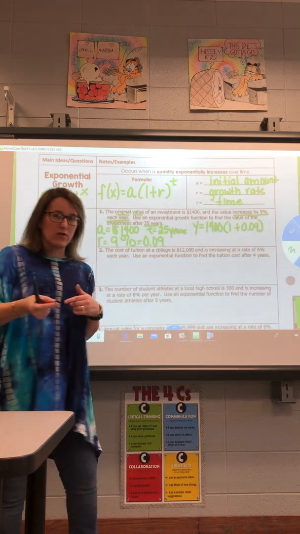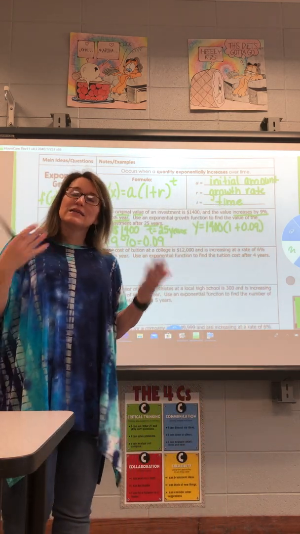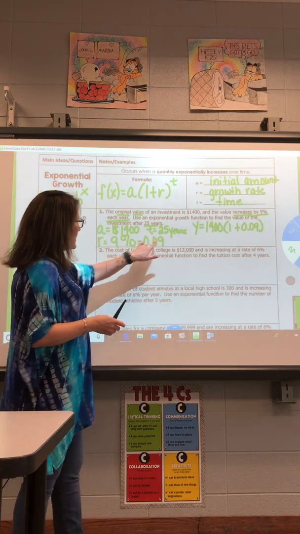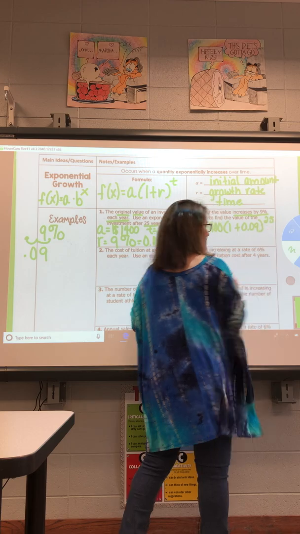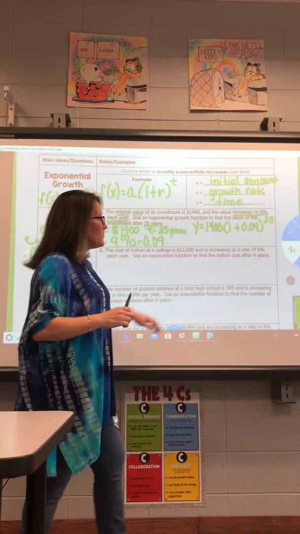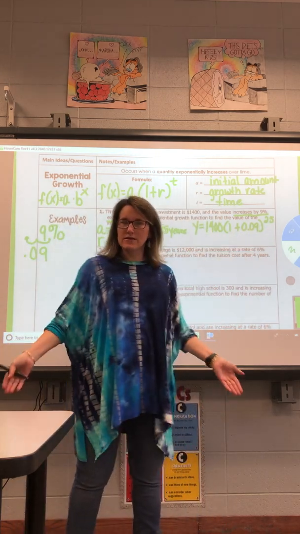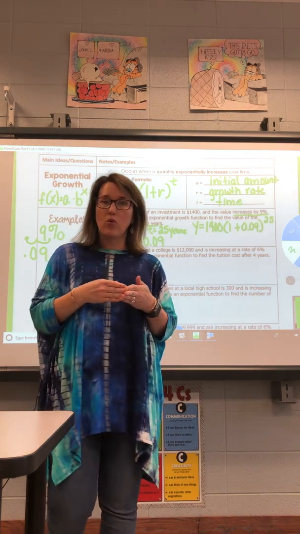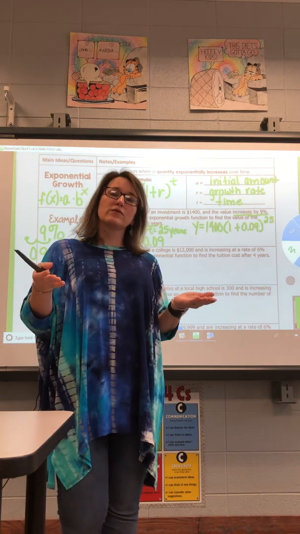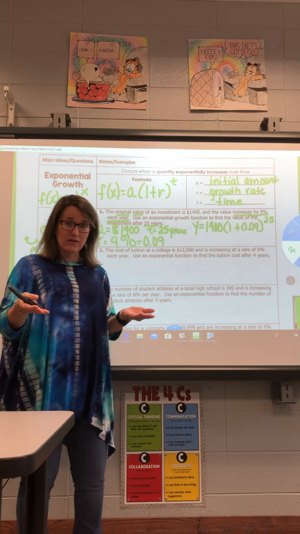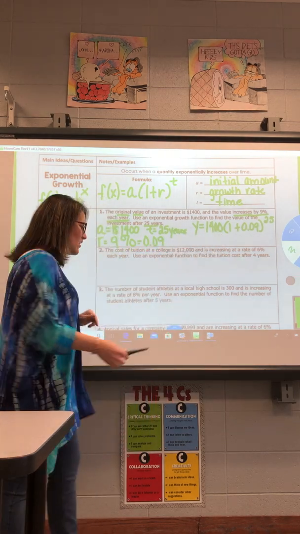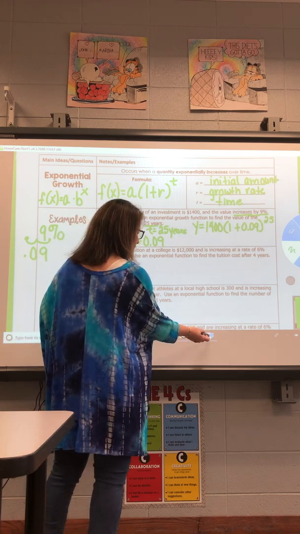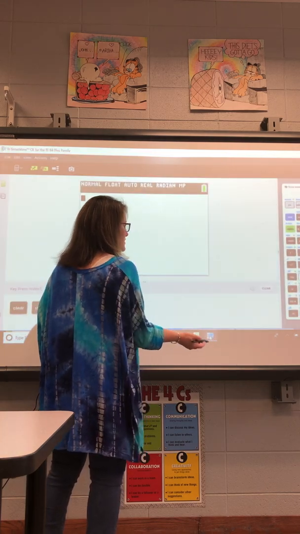Now, my exponent, my x or my t, is going to be my time. My time is 25 years. Okay? Now, 1 plus 0.09, we know that's 1.09. You can plug it in your calculator just like this. Now, let's go over here and plug in.